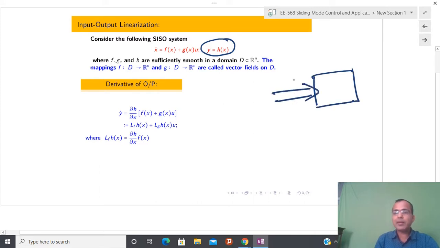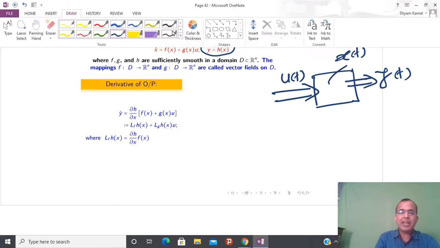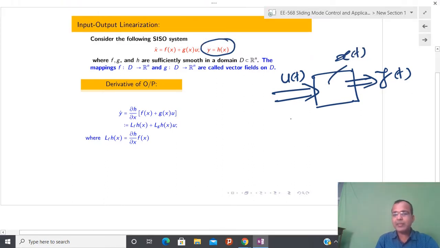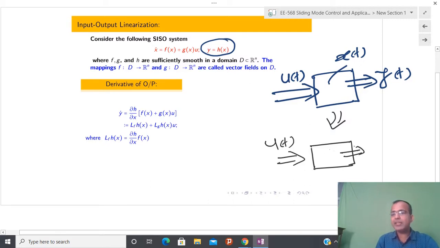So this system, I have an input and I have a certain kind of output y(t), and I have a state x(t), an internal variable. After that, I am going to express this system in terms of input u(t), and I am going to express everything in terms of the output and its higher derivatives.